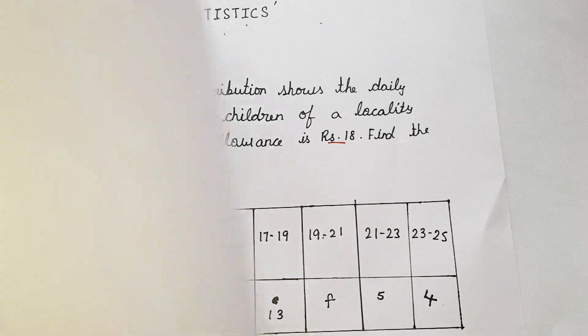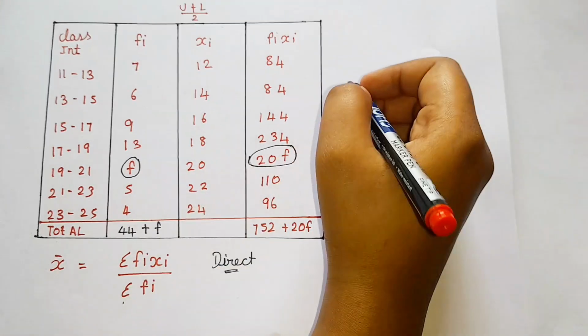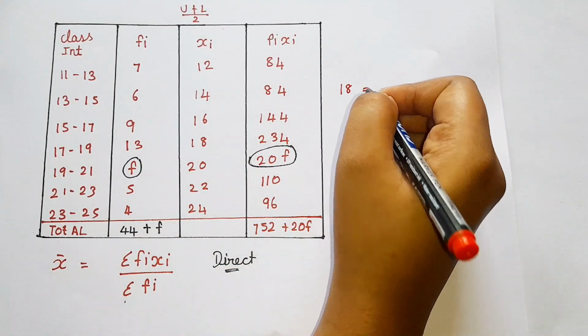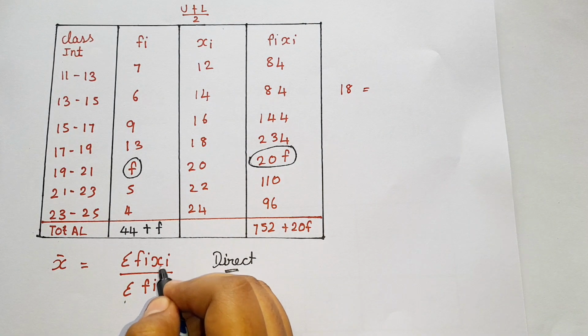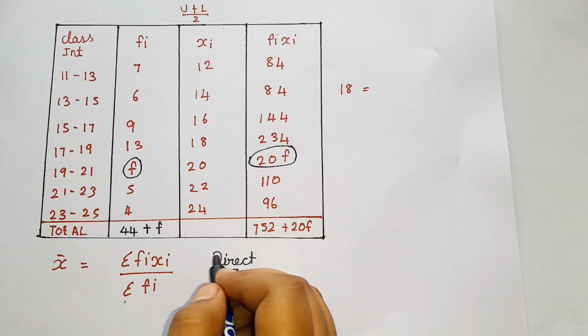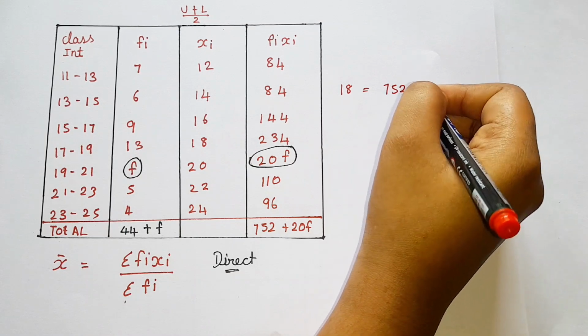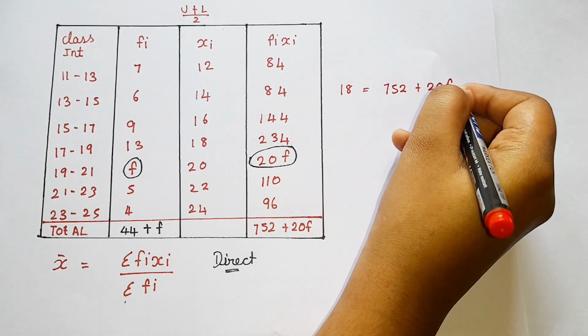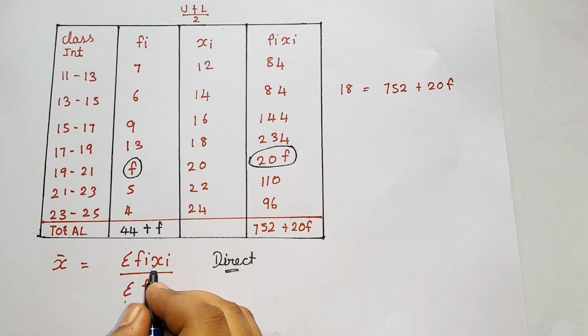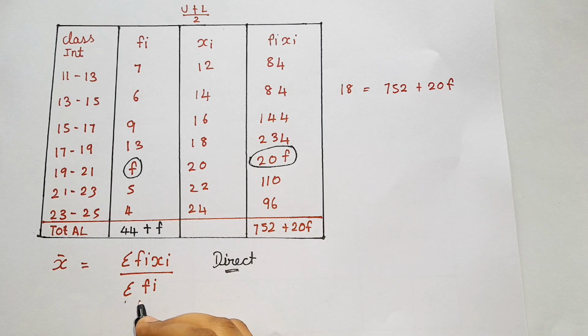So we take X bar as 18. So 18 is equal to sigma Fi Xi, which is 752 plus 20F, divided by sigma Fi.